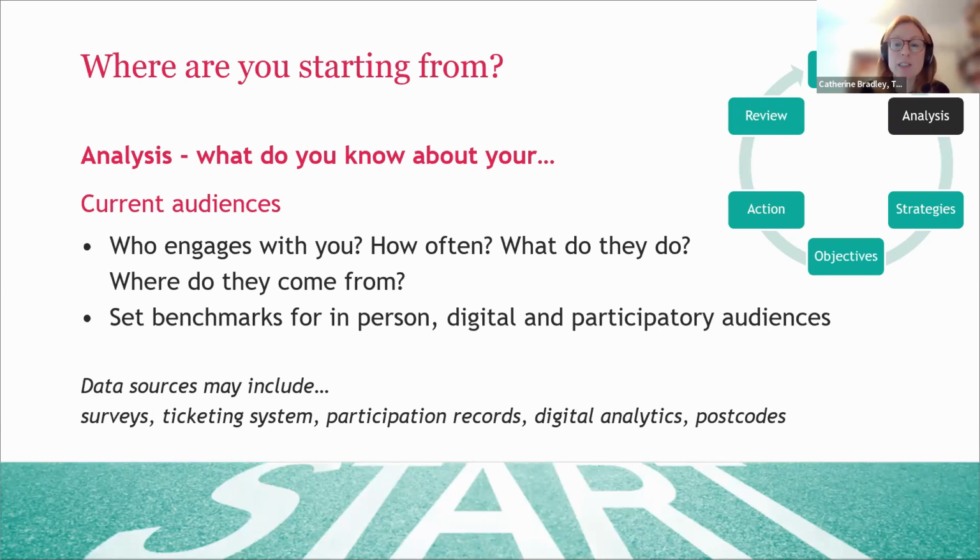And one really critical area to include is an analysis of your current audiences. So understanding who engages with you and where they come from, which parts of your organization's offer they engage with and how often. And really start to think about how you can set those benchmarks for the people you engage with, and that might include in-person, digital and participatory audiences.